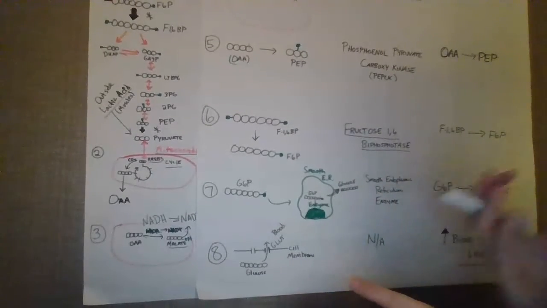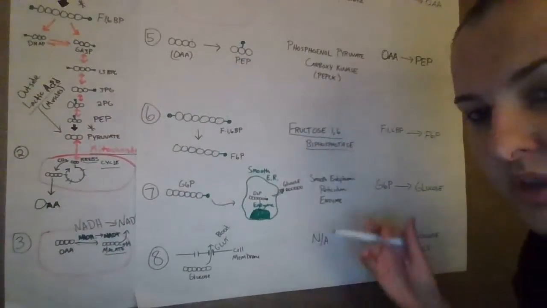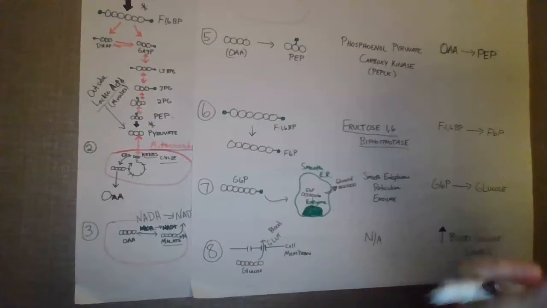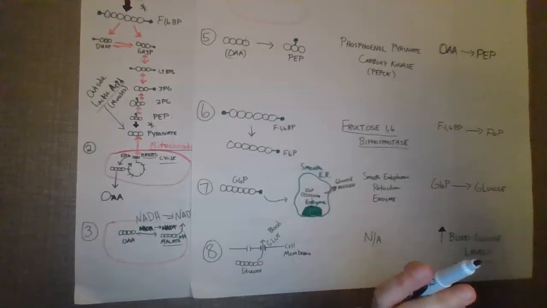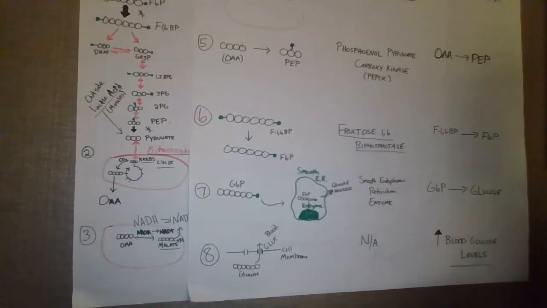And now we've actually reversed the whole entire process. And the result of that is our blood glucose levels are going to go back up. And that is one mechanism our body uses to make sure that we can maintain homeostasis of those glucose levels. So again, this can happen with lactic acid.